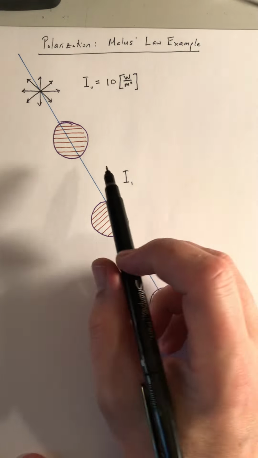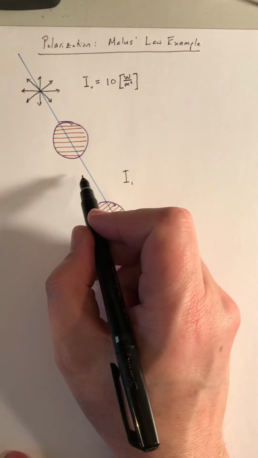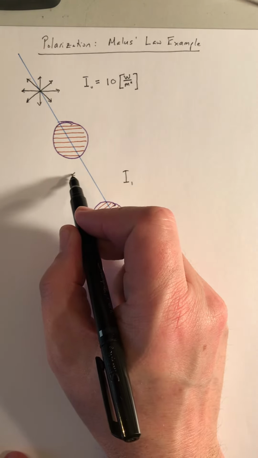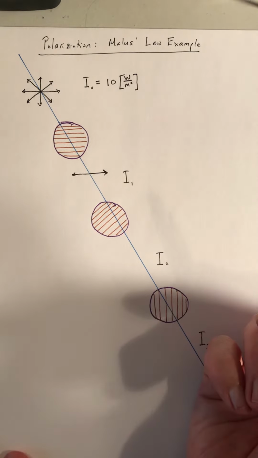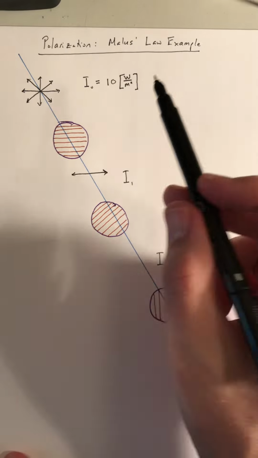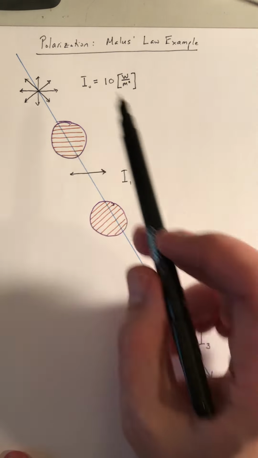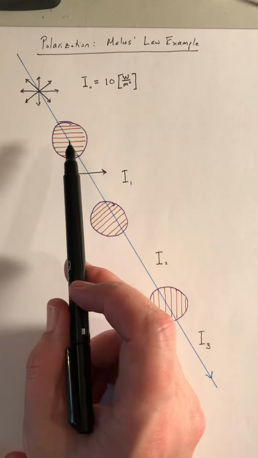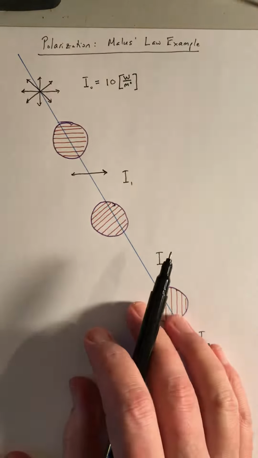Alright, so for this first polarizer, I have unpolarized light initially. After it has passed through the polarizer, it is horizontally polarized, and I will have lost half of the light. Half of the light will have a projection along the horizontal direction. The other half of the light has a projection along the vertical direction.